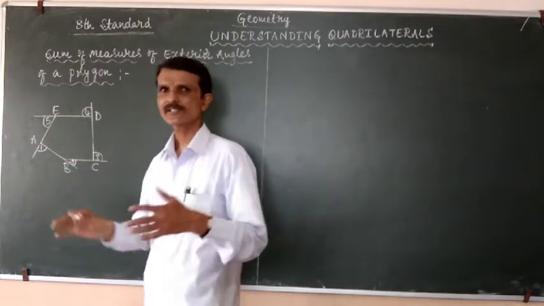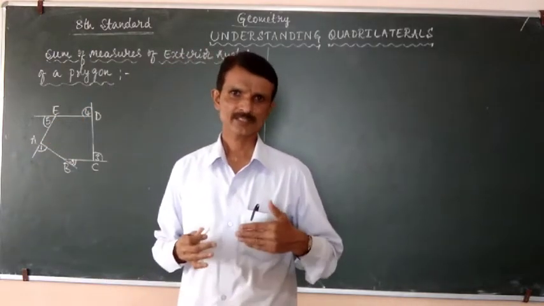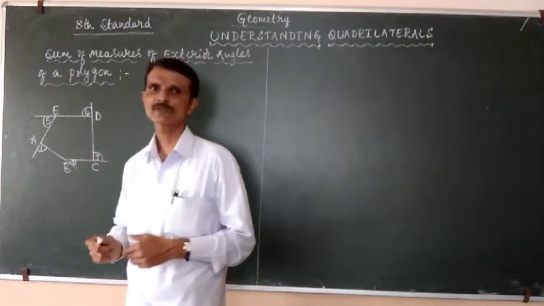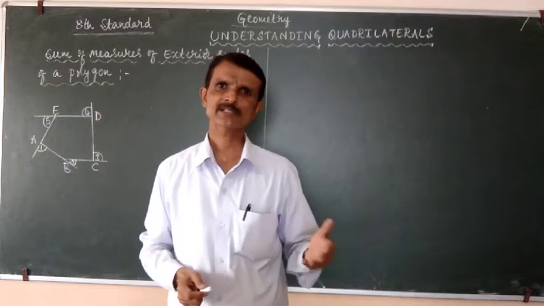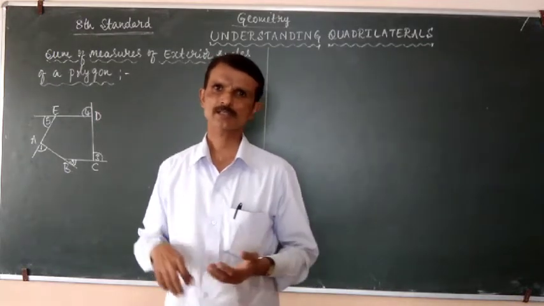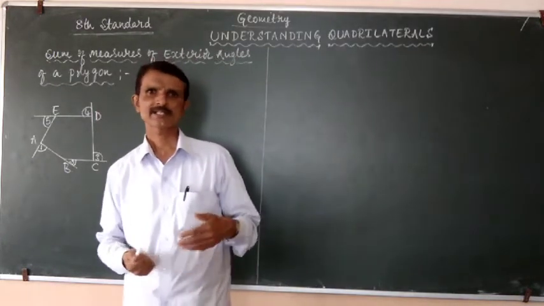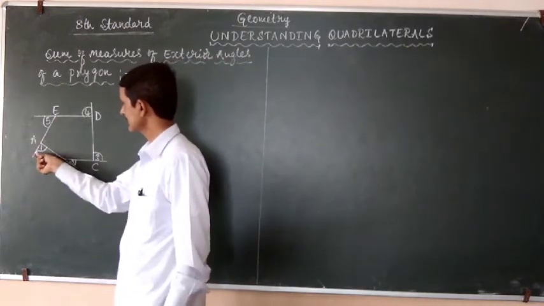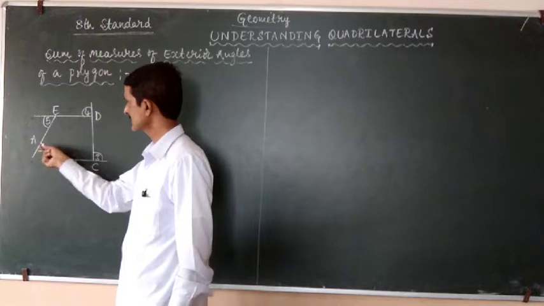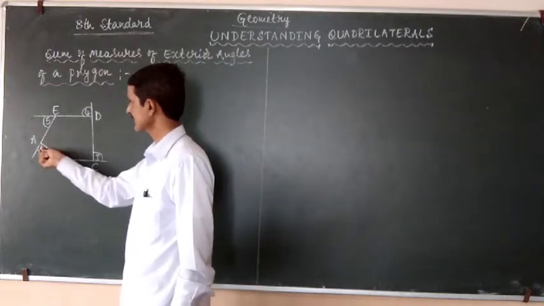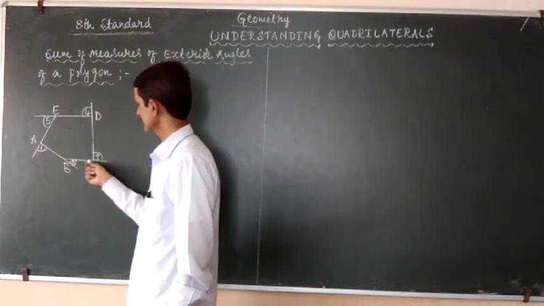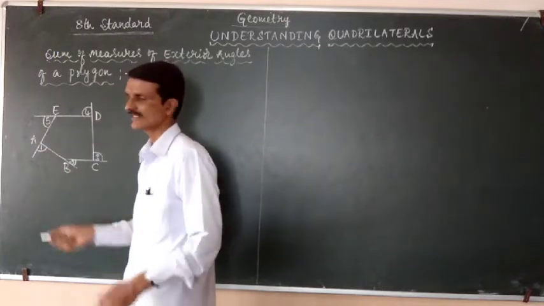Exterior angles means if we extend each side of a given polygon, whether it may be a triangle, a quadrilateral, a pentagon, a hexagon, etc., an angle is formed. That angle is called an exterior angle. So here there are 5 exterior angles.